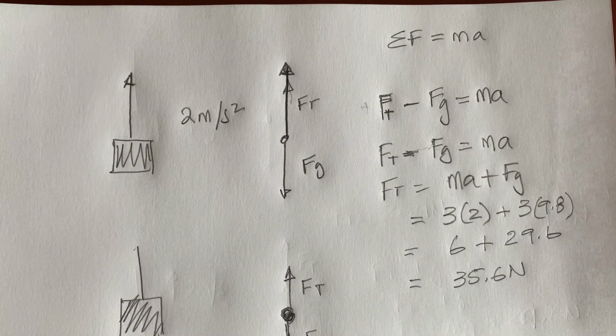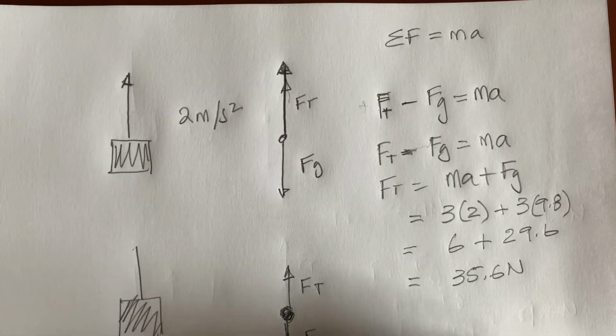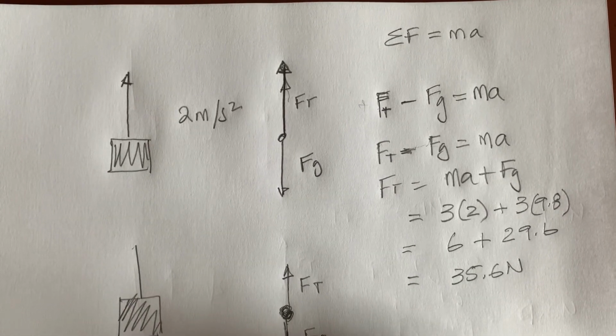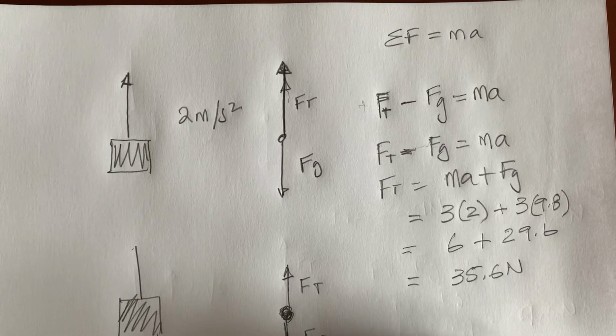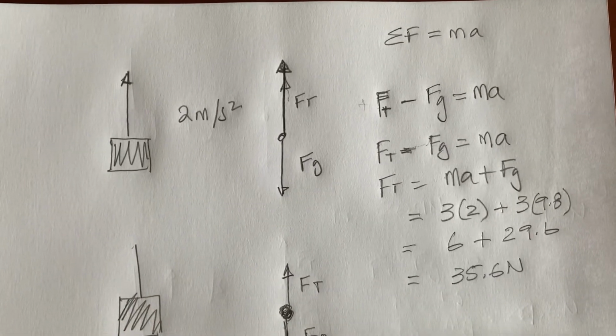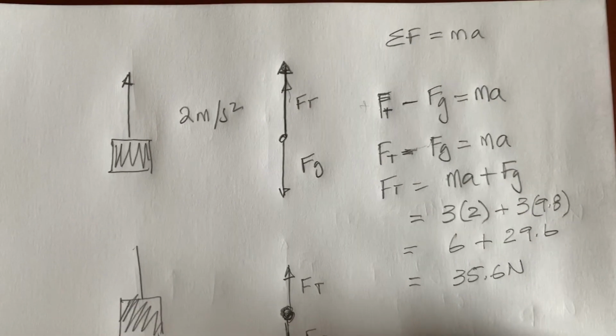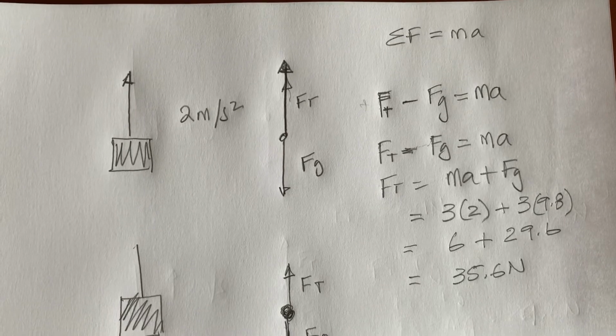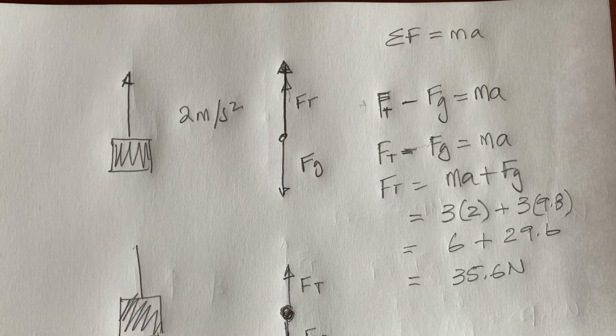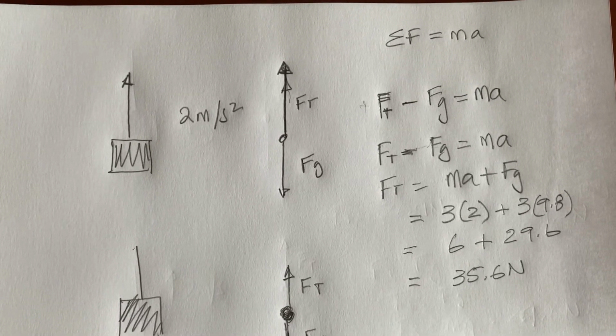And so if I do the same thing here, tension acting upwards minus the force of gravity acting downwards is equal to my mass times acceleration, but this time my acceleration is downwards, so I put a negative sign up there to show the direction of the acceleration.